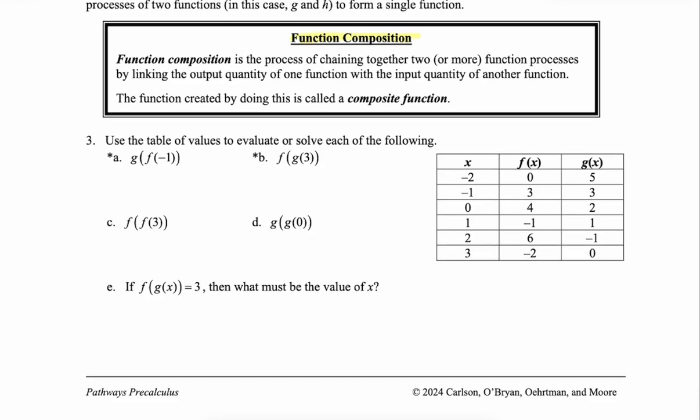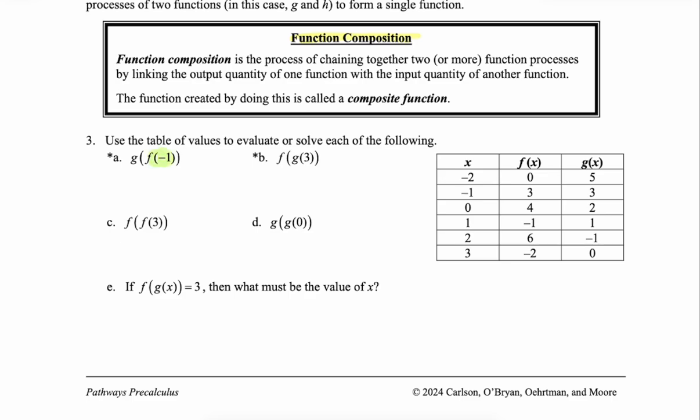So we're going to do table ones, graph ones, and just algebraic ones. Let's start with the table. In 3a, we're going to find g of f of -1. Just go in order. We're going to start with the inside.